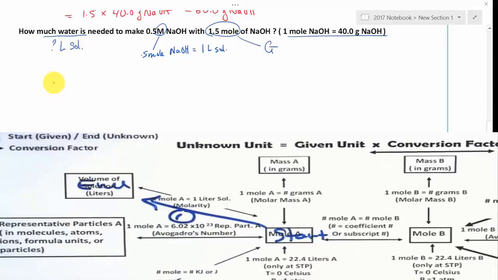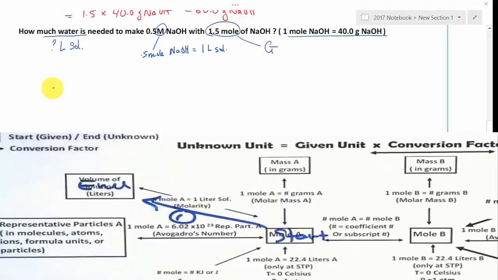So of course, the same setup as before. What is the unknown? We are looking for question mark liters of solution. Well, the solution is made of the volume of water because the substance is too small to make any volume changes.